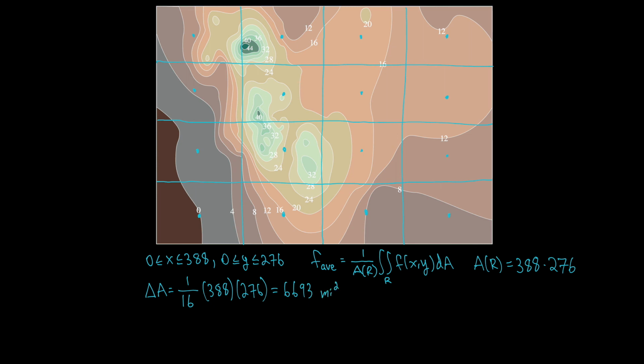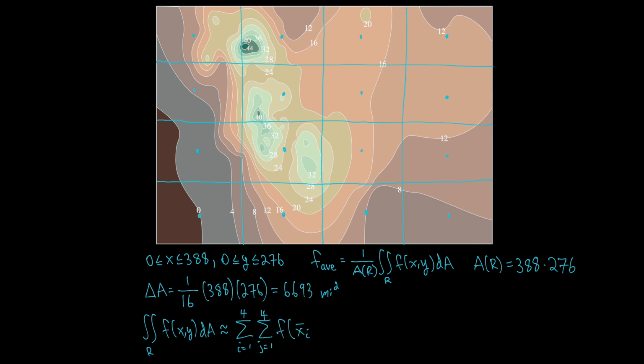Okay, so I'm going to approximate my double integral, which I'll use to find the average value, using the midpoint rule, as the double sum where i goes from 1 up to 4 and j goes from 1 up to 4, because the index for x goes from 1 to 4 since I'm doing 4 different x values and 4 different y values.